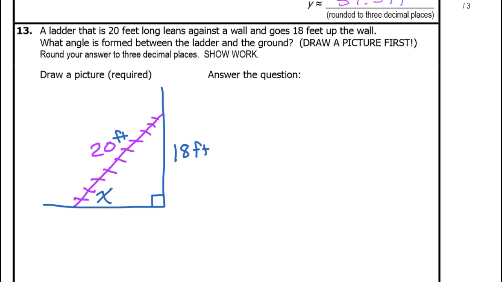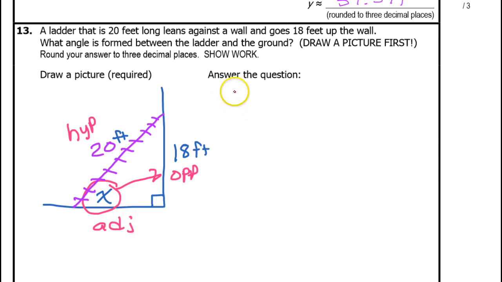Let us circle the angle that we have, and let's label the sides. Well, across from the 90-degree angle is the hypotenuse. Across from the angle we circled is the opposite leg. Right next to the angle we circled is the adjacent leg.